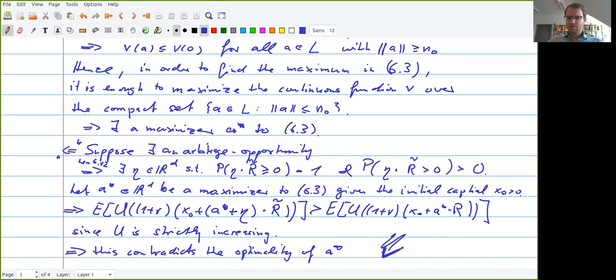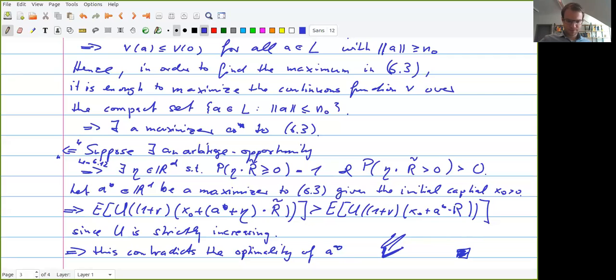So the moment we know there is a solution to this portfolio optimization problem, the market has to be arbitrage free. All right.